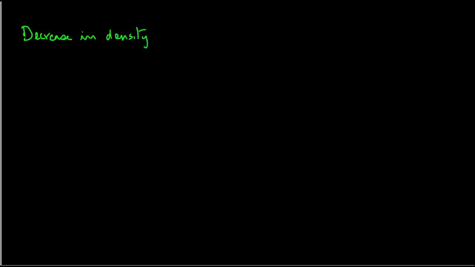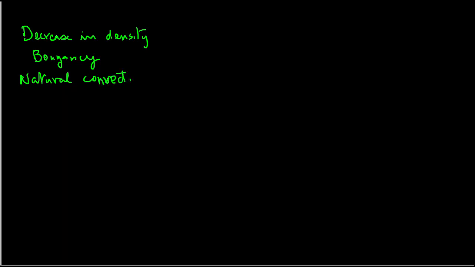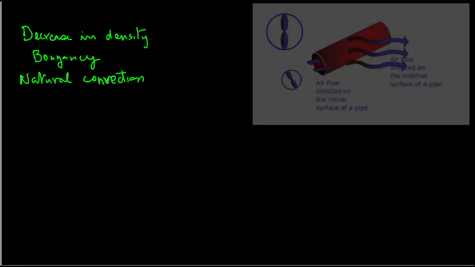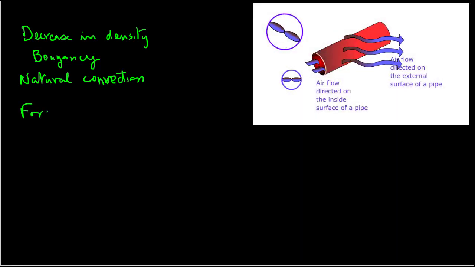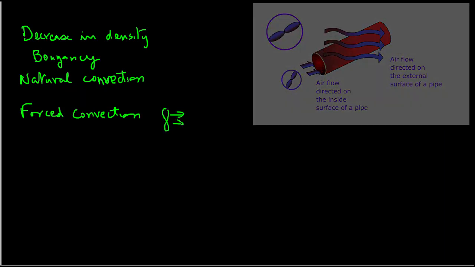This will cause buoyancy, and that fluid will essentially rise. Now this is called natural convection. In the second case, let's say that you use a fan or a blower to blow air on the heated plate. Now you are forcing movement of the fluid, and this is called forced convection.